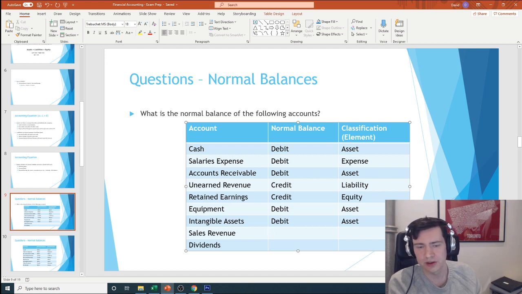And when net income increases, our retained earnings increases. And when our retained earnings increases, our equity increases. So it's going to have a credit normal balance because revenue has a positive impact on equity. Classification, you might think it's equity. It isn't. It's a revenue account. Dividends, on the other hand.